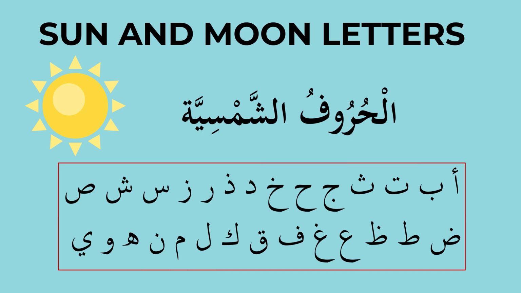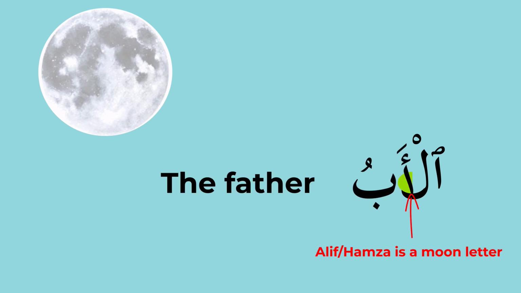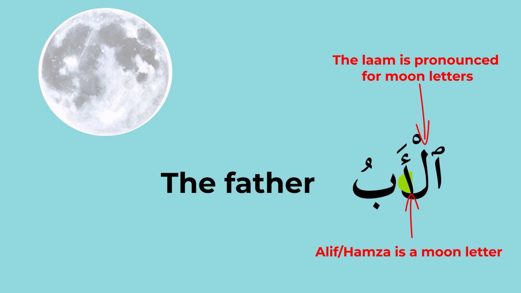Now, when you have al coming, brothers and sisters, if it is a moon letter, you will pronounce the lam. Al Abu. So I did pronounce the lam. Are you with me?